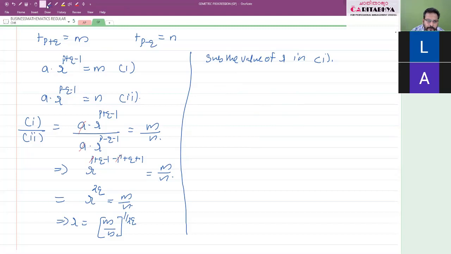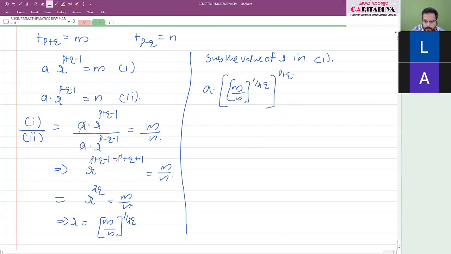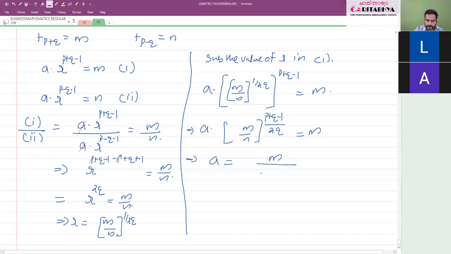So substituting the value of r in equation 1, a into (M by N the whole raised to 1 by 2Q) the whole raised to p plus q minus 1 is equal to M. That means a into M by N the whole raised to p plus q minus 1 divided by 2q is equal to M. Okay, so that implies a is equal to M divided by (M by N) raised to p plus q minus 1 divided by 2q.